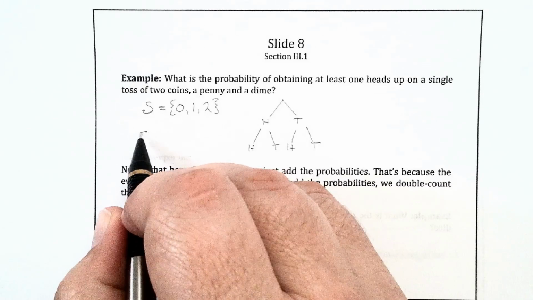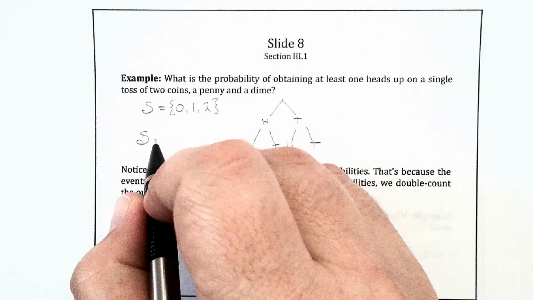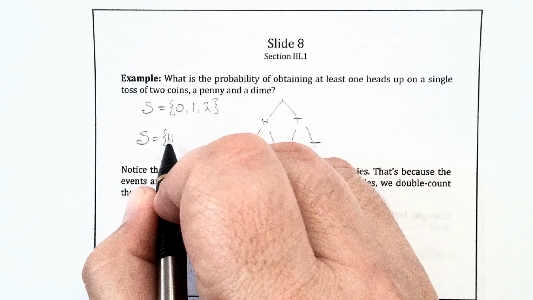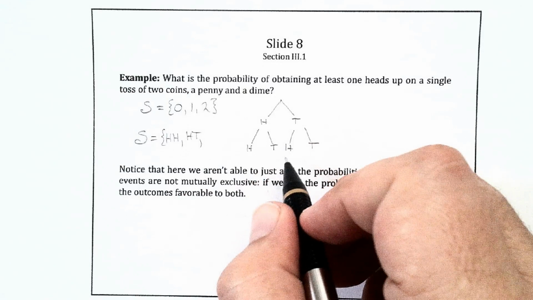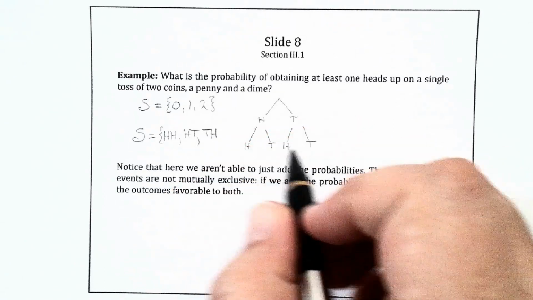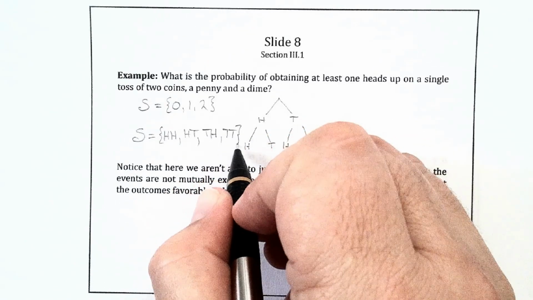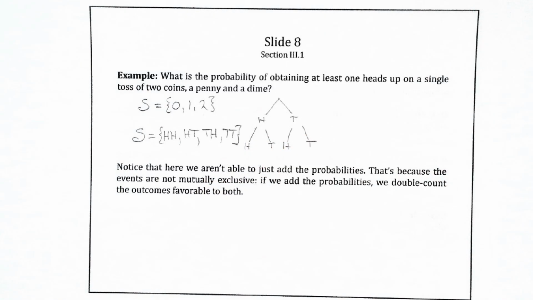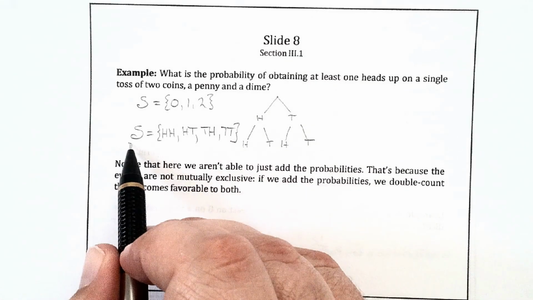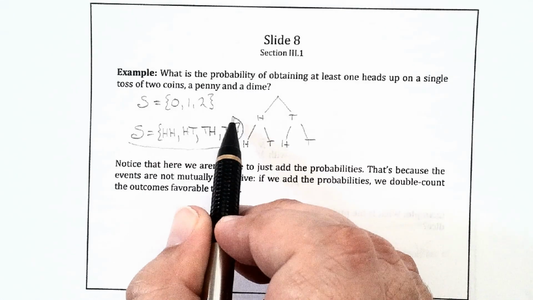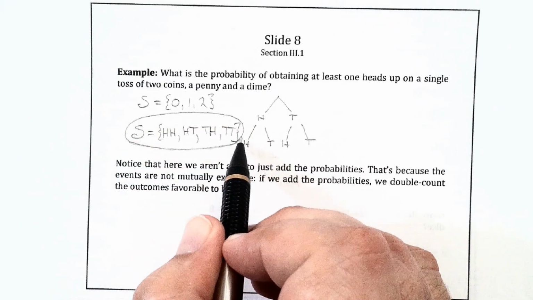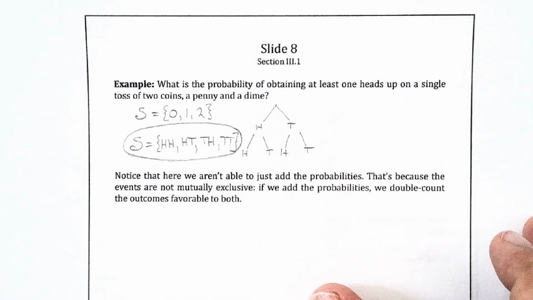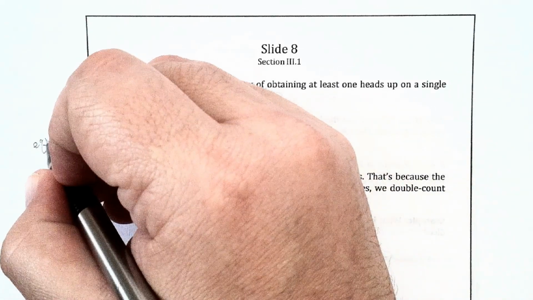And if I look at the outcomes like that, I could get heads, heads, heads, tails, tails, heads, and tails, tails. Okay, so there's 2 ways of looking at the sample space. And this is the one I want. Why? Because that's the case in which they're equally likely. Okay, so those are the ones that are equally likely.